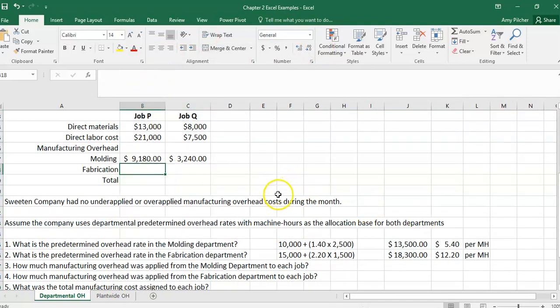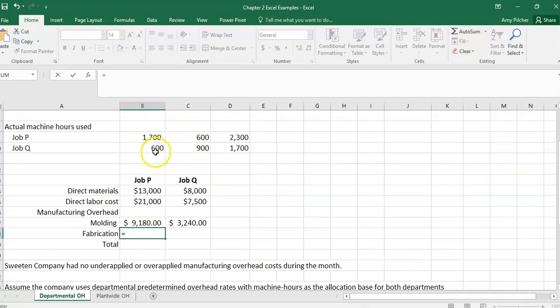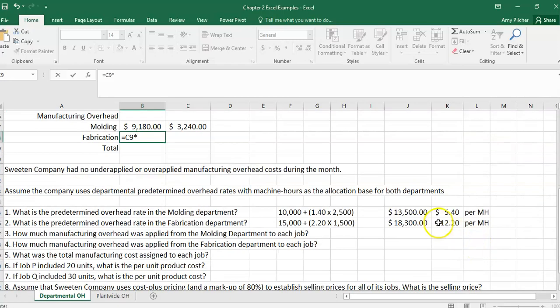For fabrication, we have 600 hours on job P and 900 hours on job Q. So for job P, we take 600 hours times our rate of $12.20 per machine hour.